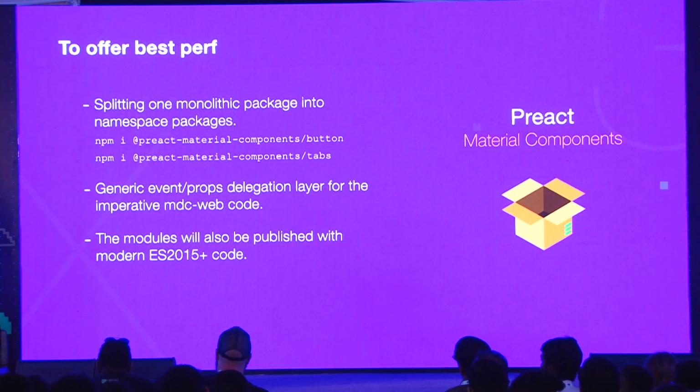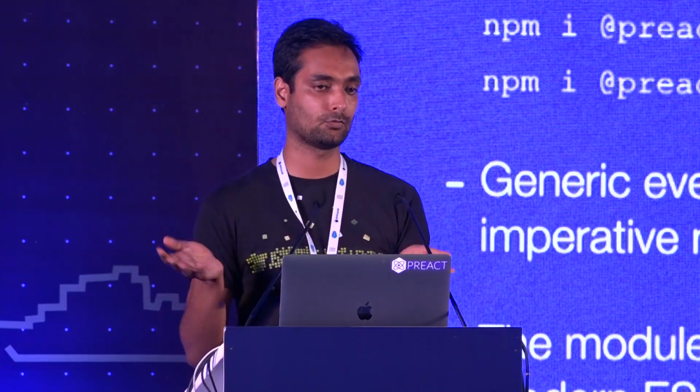And all these modules will also publish modern ES 2015 plus code so that you can pick that code, and Preact CLI can also pick that code and decide, hey, I don't want to transpile this anymore. This is the problem with a lot of published packages, that they are just published in ES5, so you just can't help it. Even though your build system does differential build, it can't upscale from ES5 code to ES6 code.